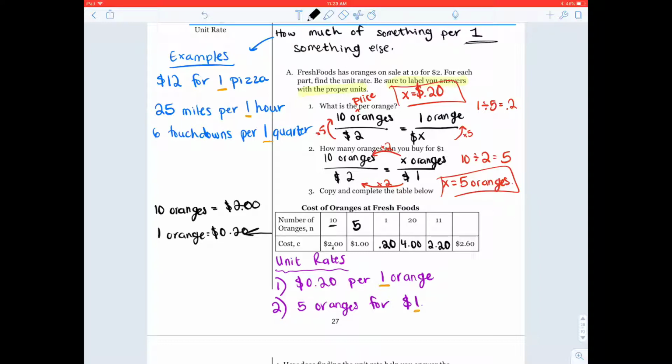Hopefully you'll notice that at 11 we're at $2.20. Let's add another 20 cents, which is $2.40. This is 12 oranges. Let's add another 20 cents, and now we are finally at $2.60, which is the cost that we are trying to figure out, and we are at 13 oranges. And there we go, our table is complete. Let's keep going.